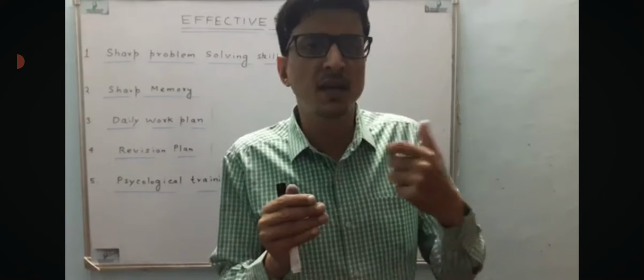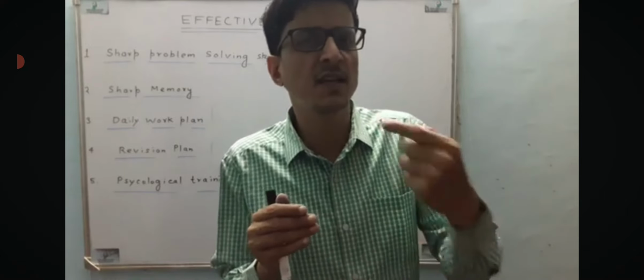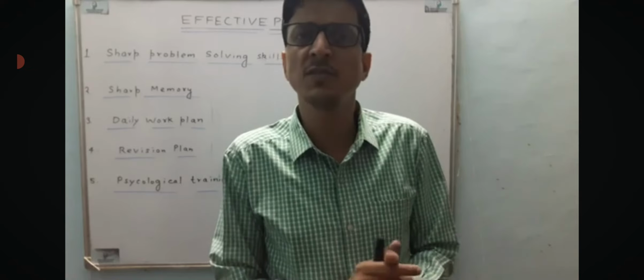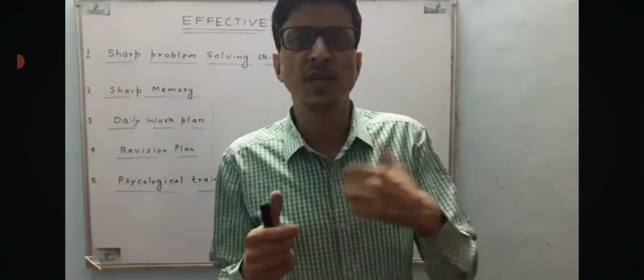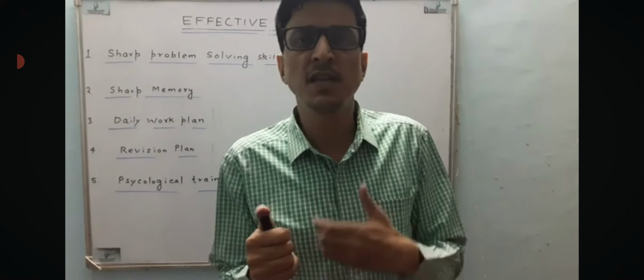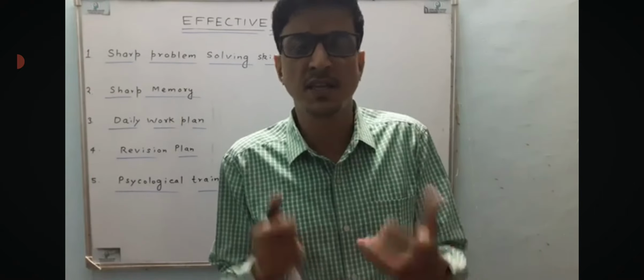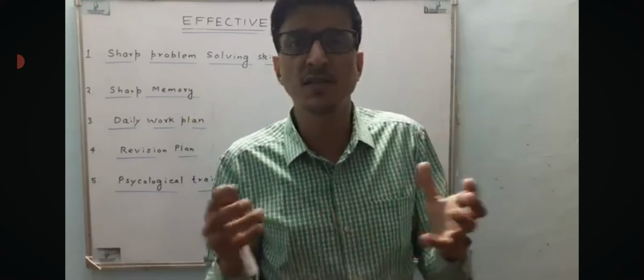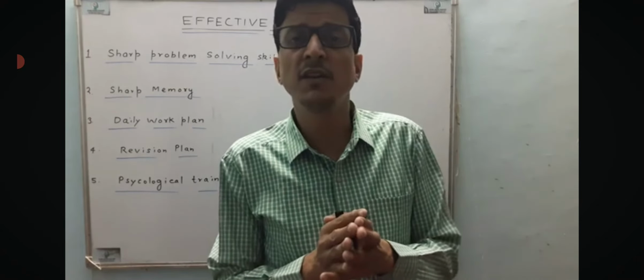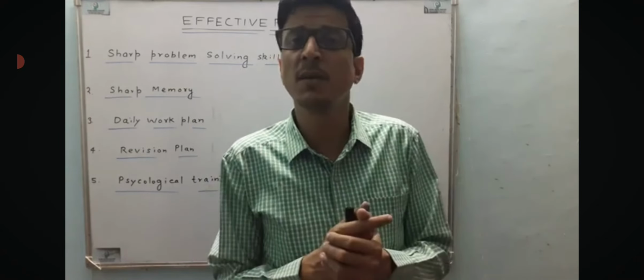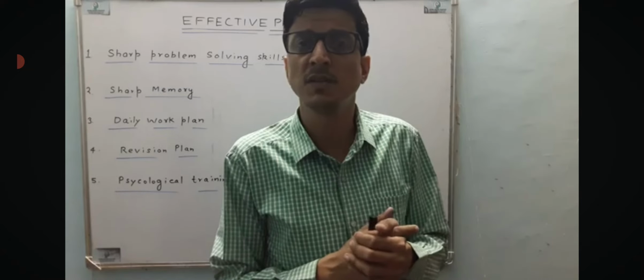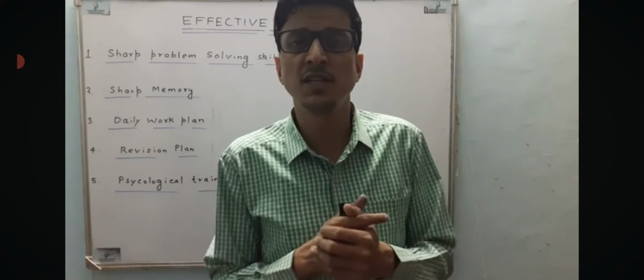Make a revision plan so that you revise again and again, so that the information stored in your mind is being checked, updated and revised again and again. That strengthens your memory circuits. You must have heard that it's the retrieval effect which strengthens your memory circuits and helps you to memorize better and to retrieve data in a better way.